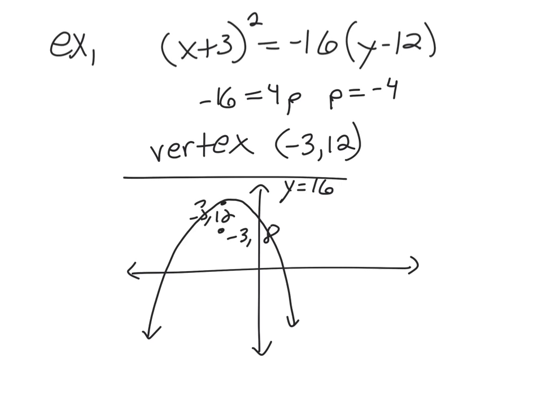Now one thing you might be wondering is, how can I find these points? How can I find my x-intercepts? If you want to find your x-intercepts, all you have to do is set your y equal to 0. So I would go back to my equation, substituting 0 for y.